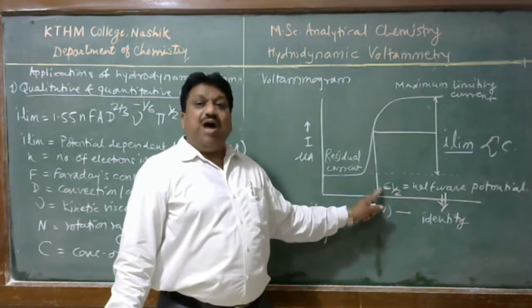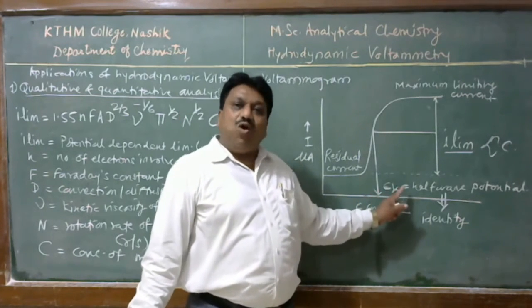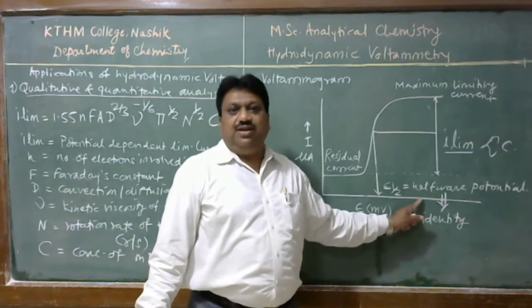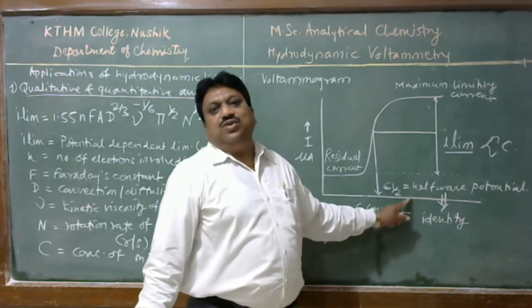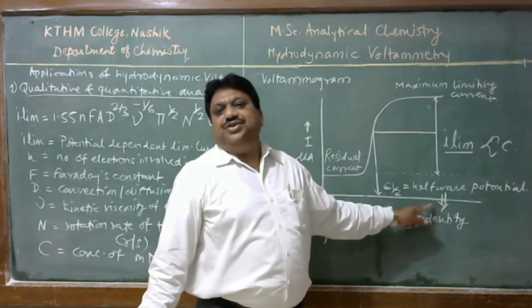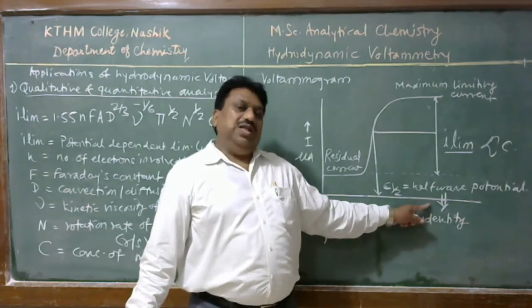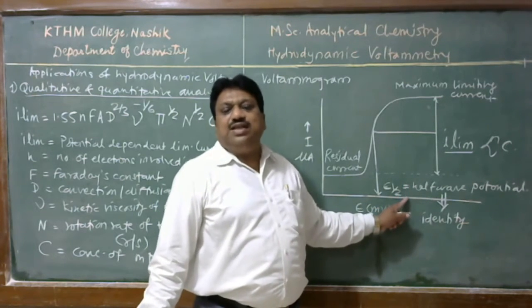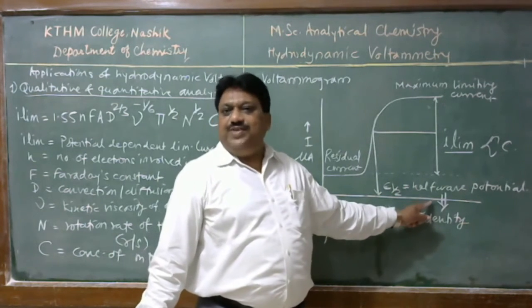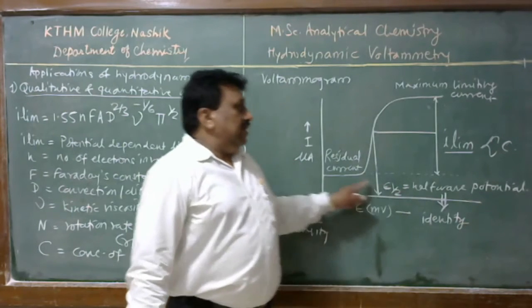Therefore, the half wave potential is a standard oxidation or reduction potential and will directly identify the species which undergoes oxidation or reduction at the working electrode. Thus, in hydrodynamic voltammetry, half wave potential is utilized for identification of the analyte species.